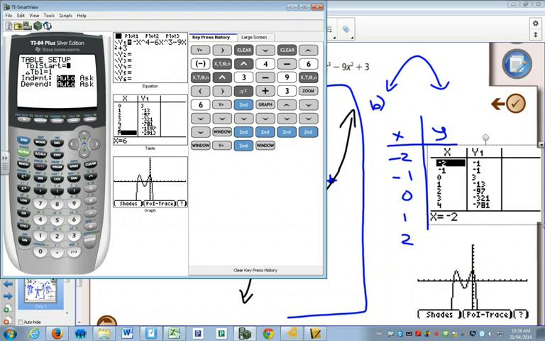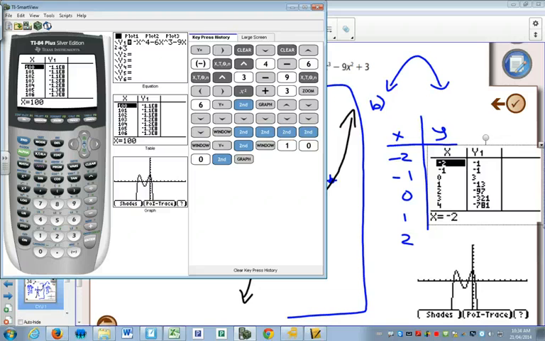So if you want to find out what happens when I plug in 100, you can put 100 in for table start, and then when you go to second table, it starts at 100. It's already at some very large negative numbers. But you probably want to have your table start at 0.